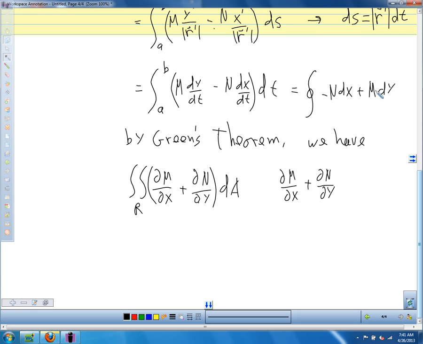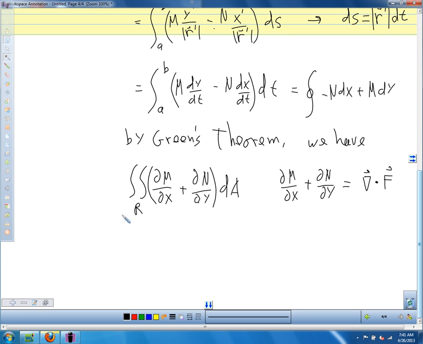So we're taking the partial of this with respect to x and subtracting the partial of this quantity with respect to y. So then it's the divergence, del dot f. This is del dot f. That's the divergence of f.